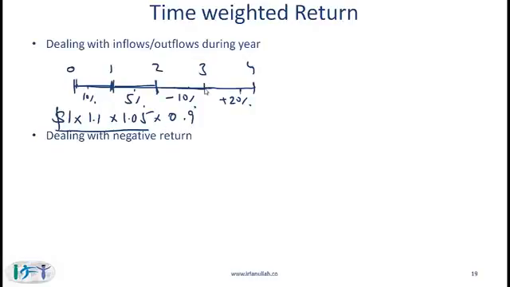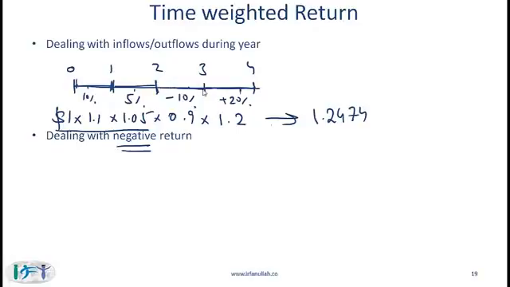And then finally the fourth quarter is good, up by 20%, so we multiply by 1.2, and this should give us 1.2474, or effectively the return over the year was 24.74%.